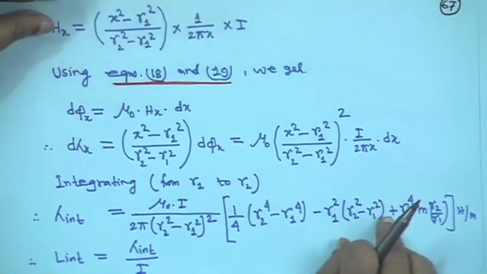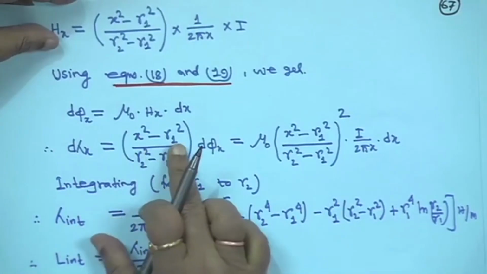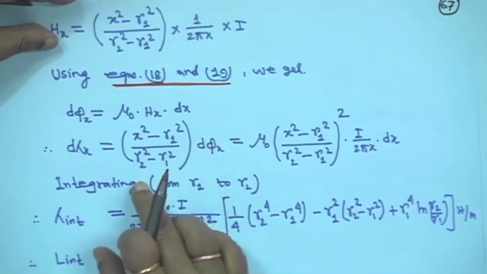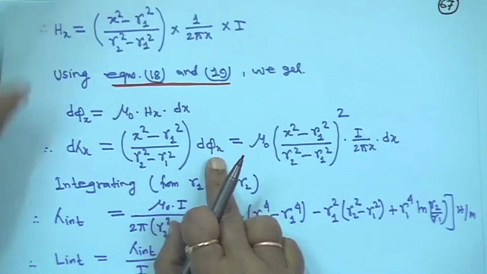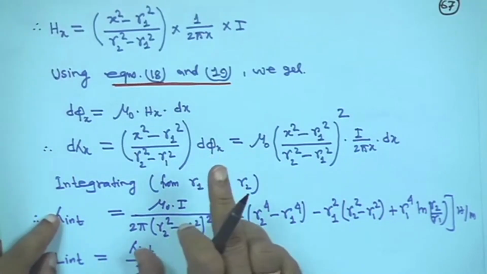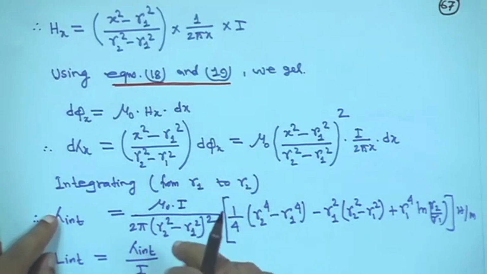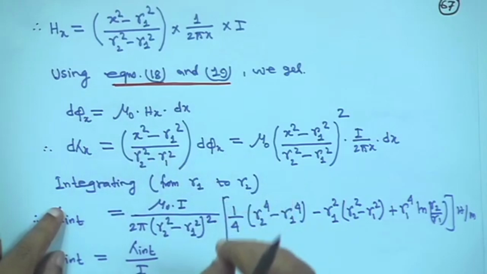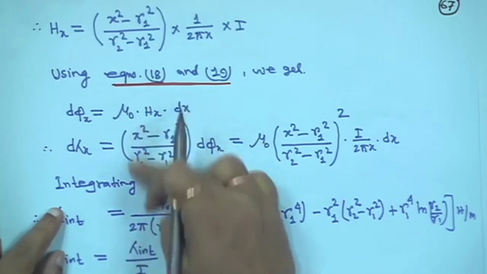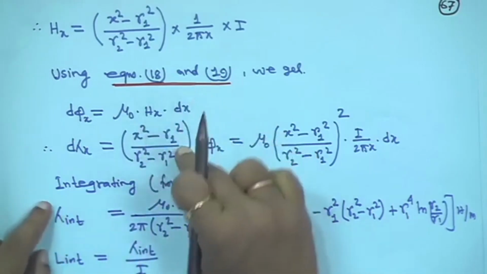So, d lambda x is equal to (x square minus R1 square) divided by (R2 square minus R1 square) into d phi x. Earlier we have given the term fractional turns ratio. So, here also flux linkage, because it is internal, this is the fractional term.